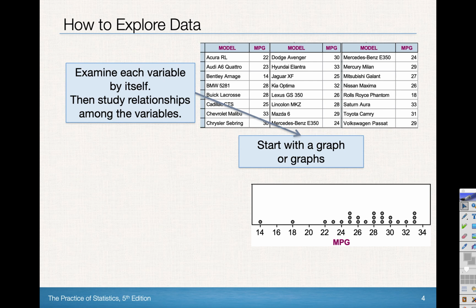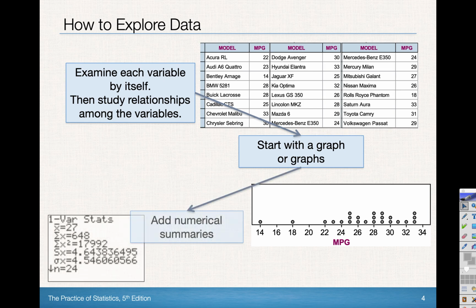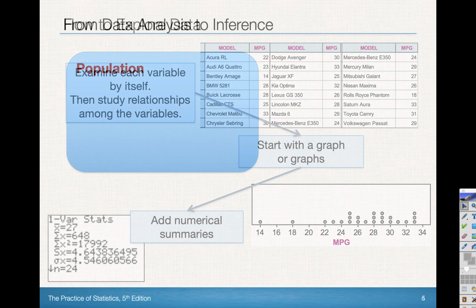And we'll talk more about that later. This is just an introduction. So you want to take your data and put it into some sort of graph, a picture, okay? Then you want to put some numerical summaries, whether it's a 5-number summary or the mean and standard deviation. That's the beginning of exploring data.